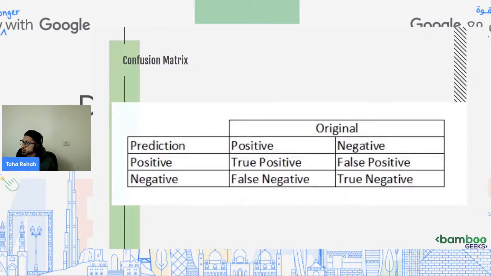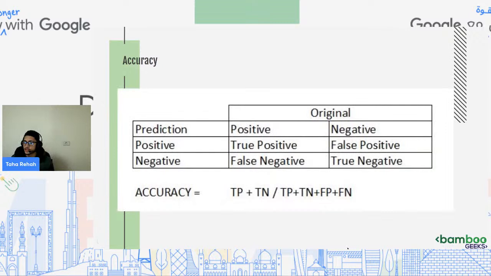True positive and true negative are simple. If they are happy and the model predicted they are happy, this is a true positive. If they are unhappy and the model predicted unhappy, this is a true negative. So this is what a confusion matrix is, and it's important to understand what it is showing us.